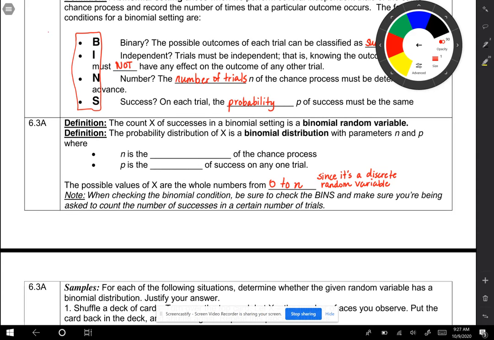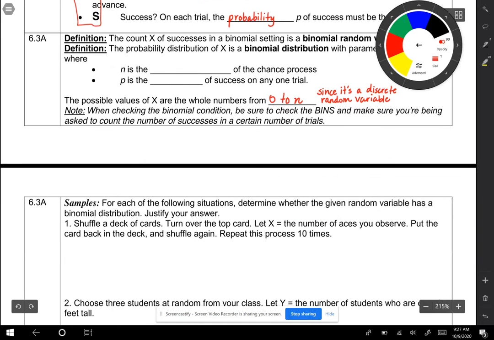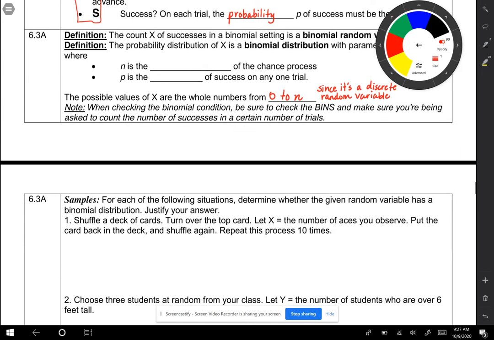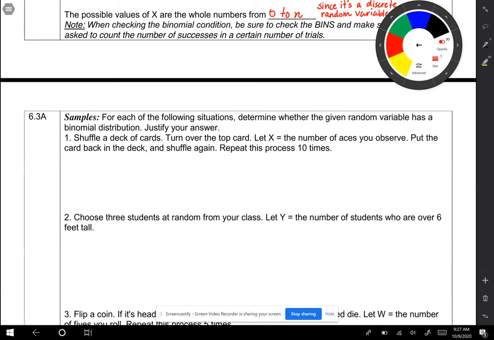So check those 4 conditions and make sure you're being asked to count the number of successes in a certain number of trials. So let's take a look at some examples to see if in the following situations, whether the given random variable has a binomial distribution. Justify our answer. So we're going to go through the BINS.